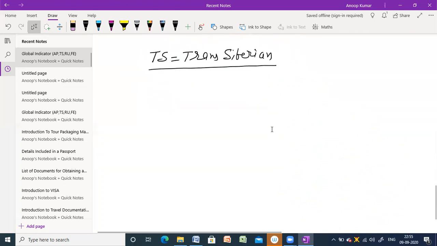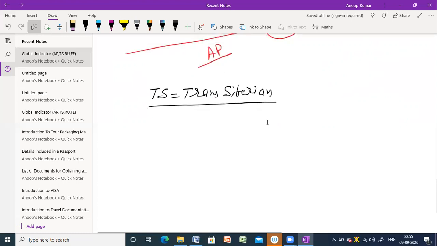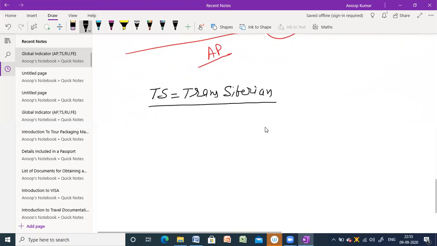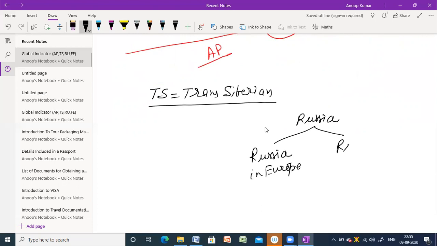There is one important point that we need to understand, that is about Russia. Russia is divided into two parts: Russia in Europe and Russia in Asia.